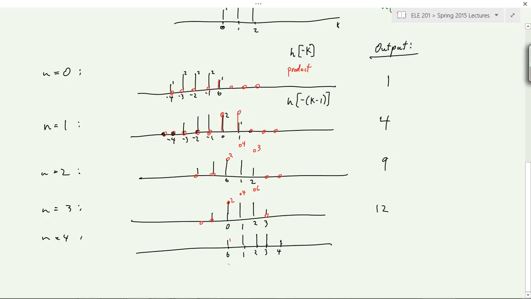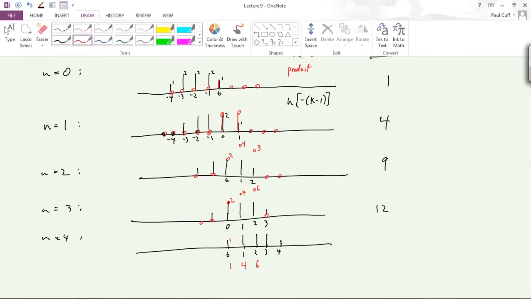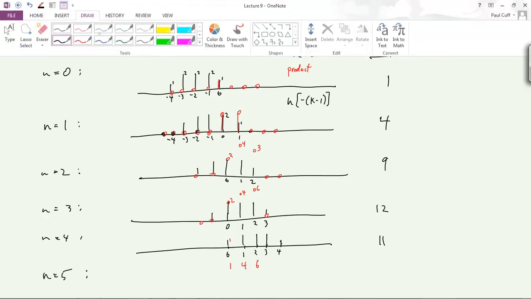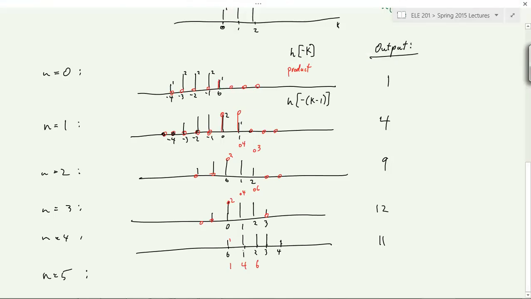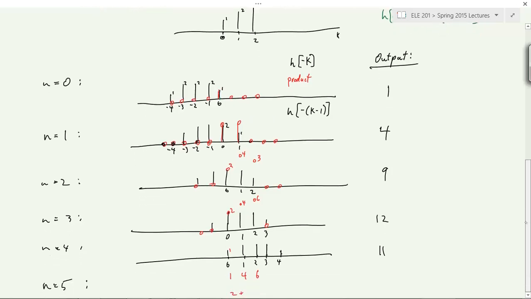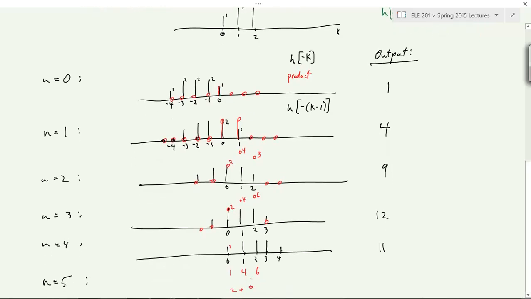I'm not going to plot it anymore. I'll say it's a 1, a 4, and a 2 times a 3, 6. So that's 11. Output n equals 5. I'm no longer going to draw for the sake of time. So we're going to get a 2 plus a 6. Right? Whoops. 2 and a 6.